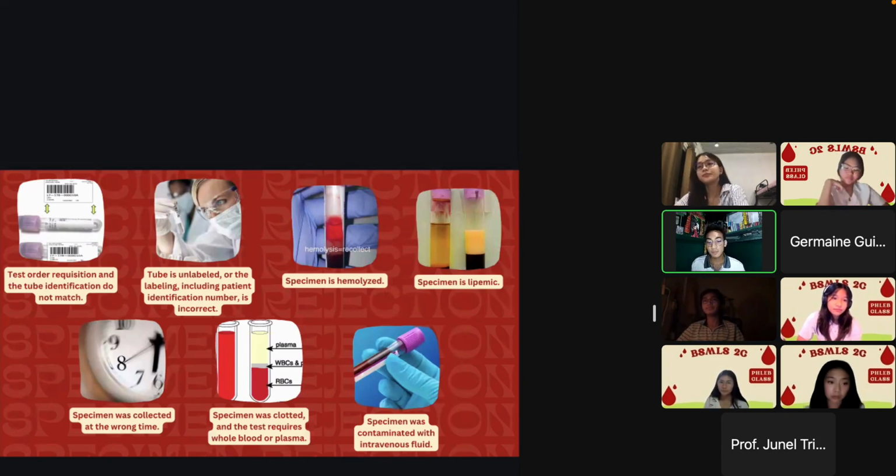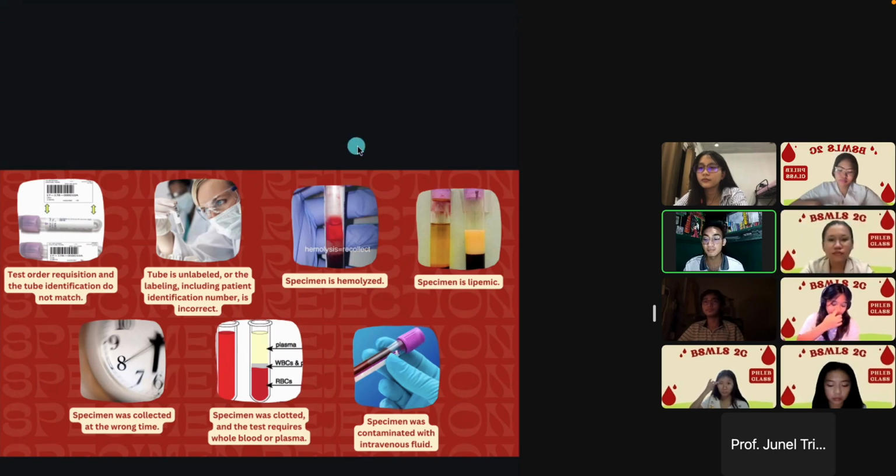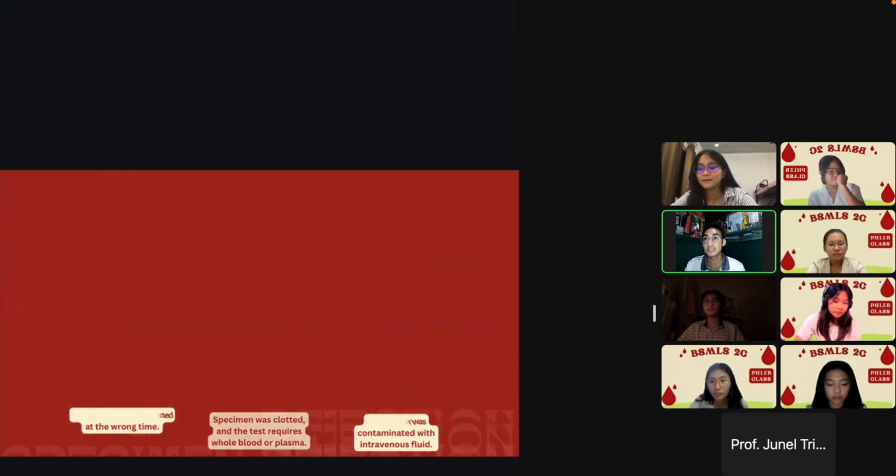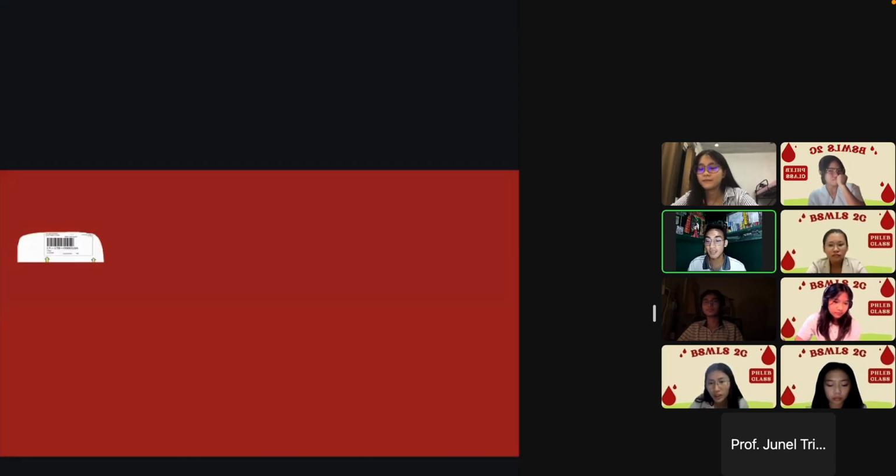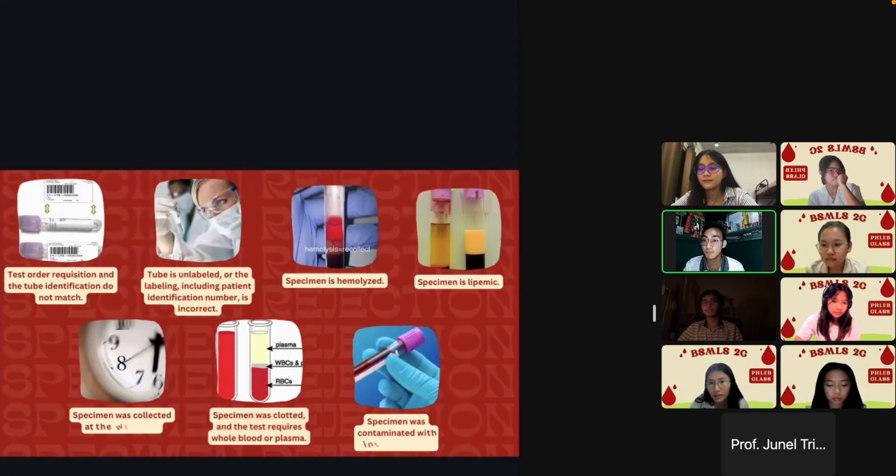And then we also have that the sample was contaminated with intravenous fluid. So for example, a urine sample is sent for a test, and then that sample is contaminated na ng intravenous fluid, then that sample would also be rejected. And last would be that the sample is lipemic. When I say lipemic, that is contaminated naman with lipids.